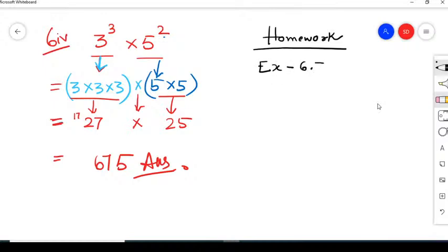Exercise 6.7, question numbers 1, 2, and 3. These are simple fraction addition and subtraction. Write with proper statements.